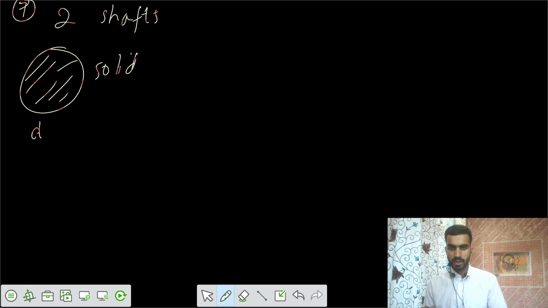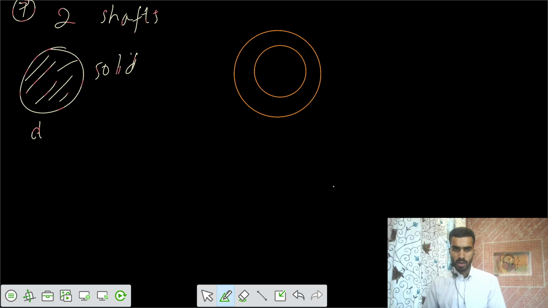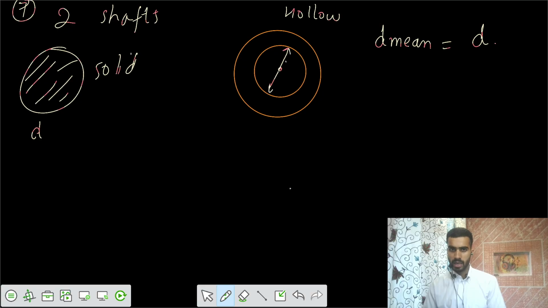And the next one is a hollow shaft, such that the mean diameter of that hollow shaft equals D. Let's say this is D inner, and this is D outer.